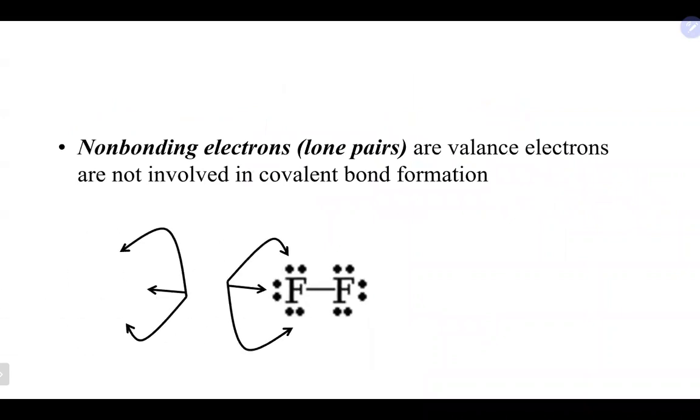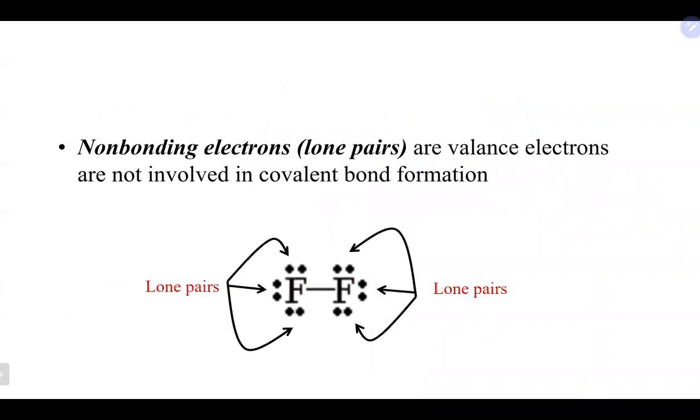So there are some different types of electrons when we look at a picture like this. All of the dots here are not involved in bonding, as you can see, there's no other element there. Those are what are referred to as lone pairs, although most books nowadays use non-bonding electrons.